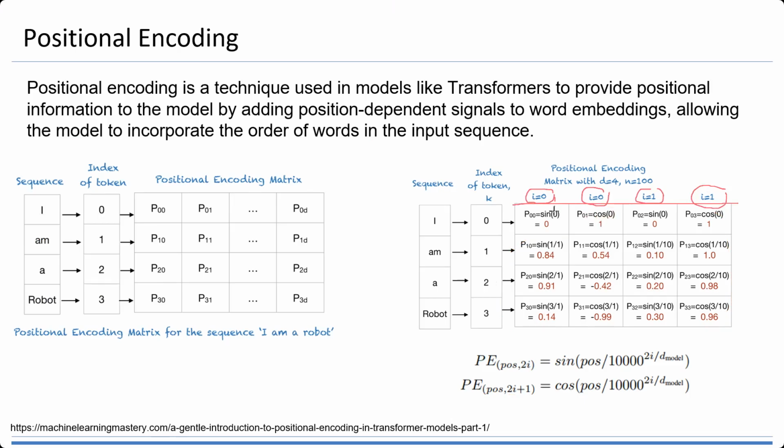If it is i equals to 0 for 0, 0, then we use sinus. For i equals to 0, and when it is 2i plus 1, we use cosinus. Sinus, cosinus, and so on. Then we got this number.